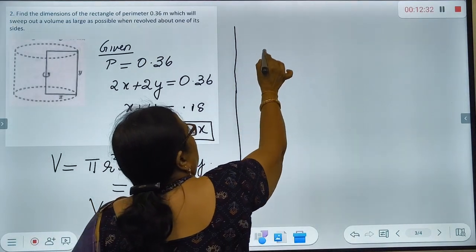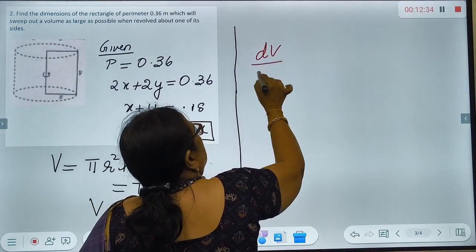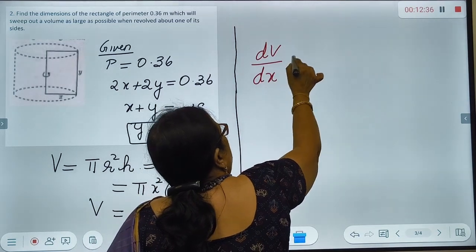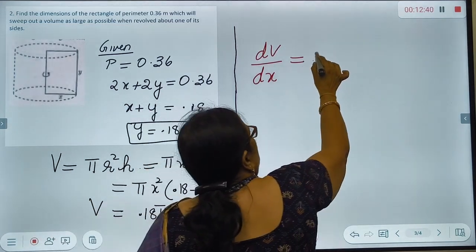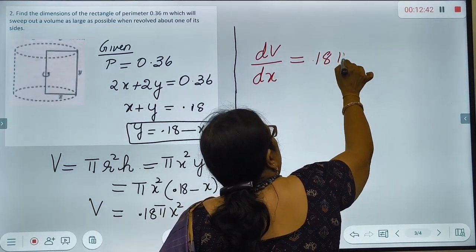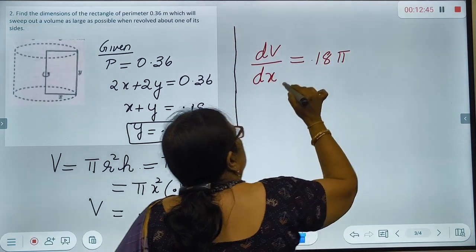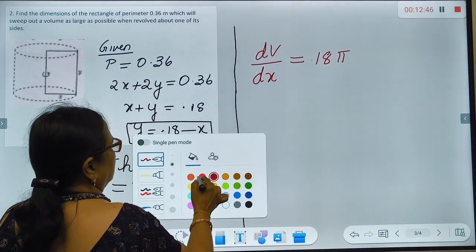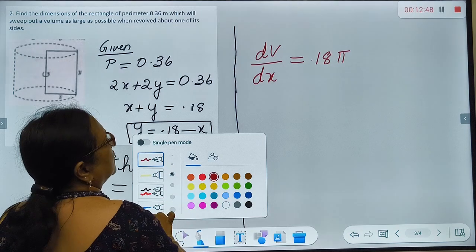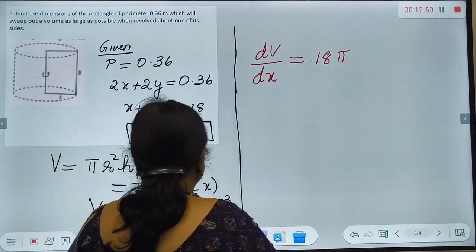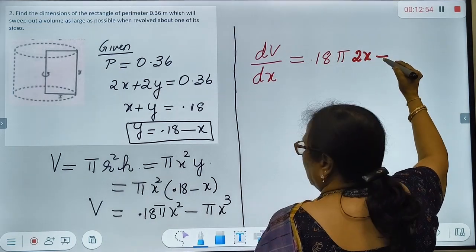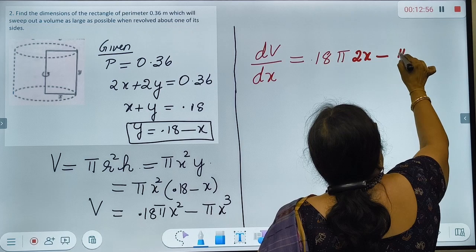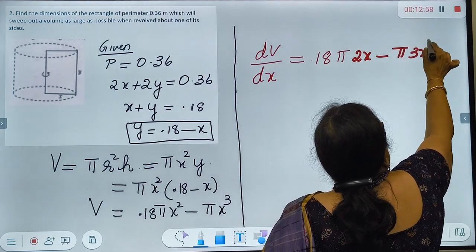Now dV by dx is equal to 0.18 pi into the derivative of x square, which is 2x, minus pi into 3x square.